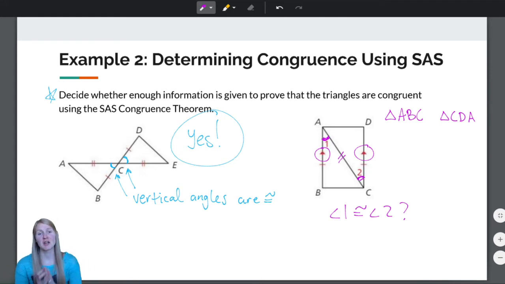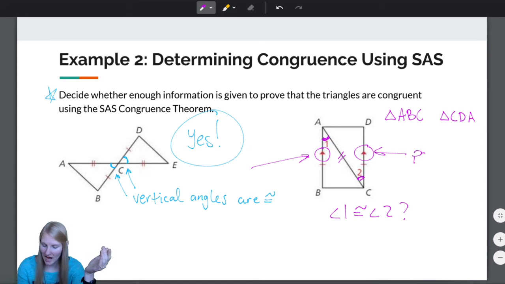Remember that if the diagram gives us information, we probably need to use it. But we haven't used these arrows yet. What do these arrows mean? That's right. It means that the lines are parallel. So we know that side AB and CD are parallel.